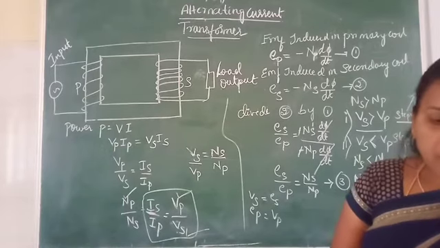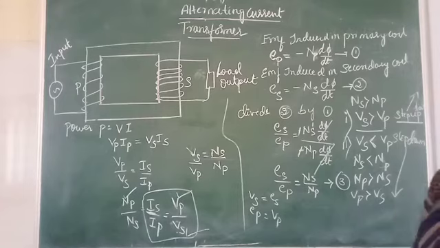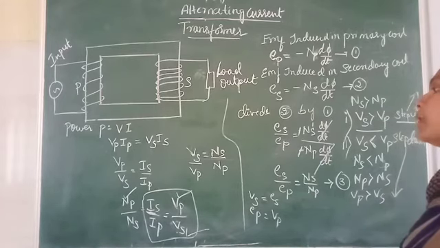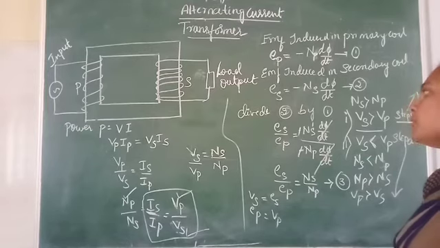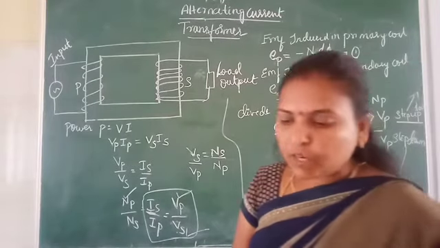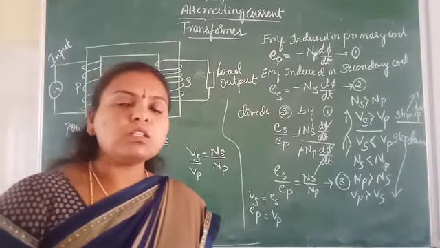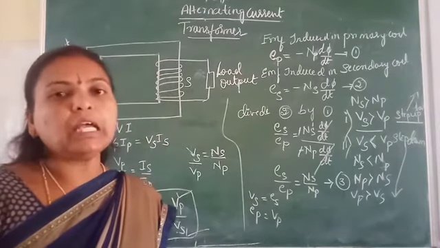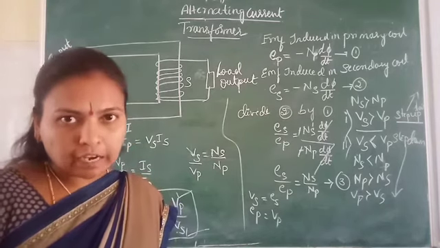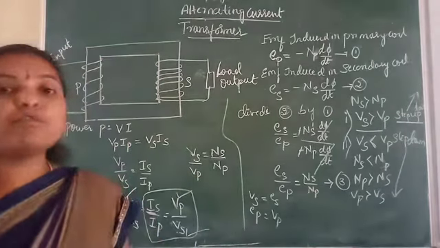Okay, then next we have to know the losses in the transformer. We already know some current will be lost in different manners. We discussed that due to heating, energy can be lost, and by eddy current, and by the hysteresis graph, which we discussed, and due to electric flux leakage.